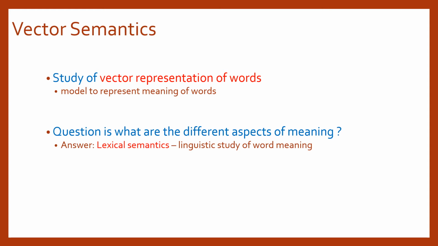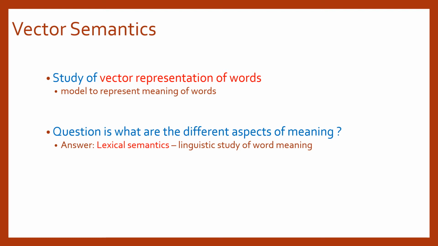Now let's come back to the important question: when we try to obtain these representations, we need to represent the meaning of words through whatever vectors we are obtaining. So now the question is, what are these different aspects of meaning? In fact, lexical semantics is the linguistic field which tries to study word meaning and the various aspects of the meaning of words.